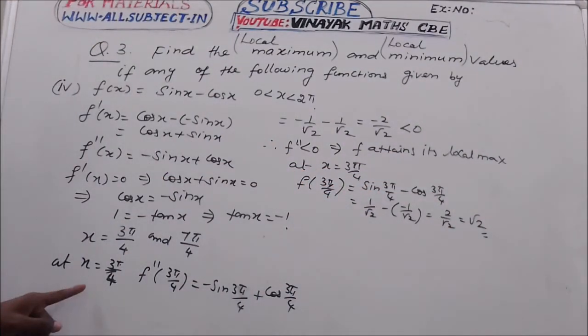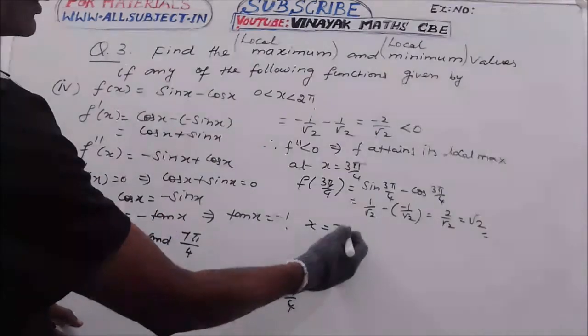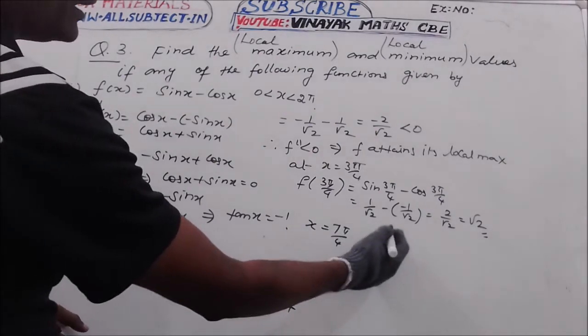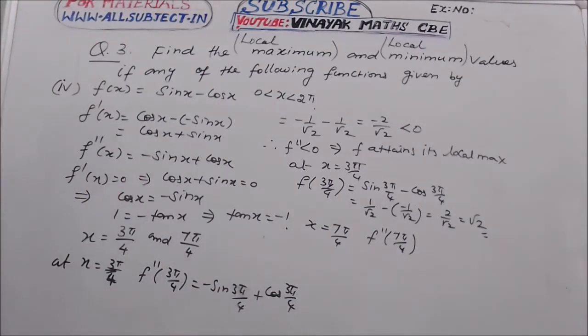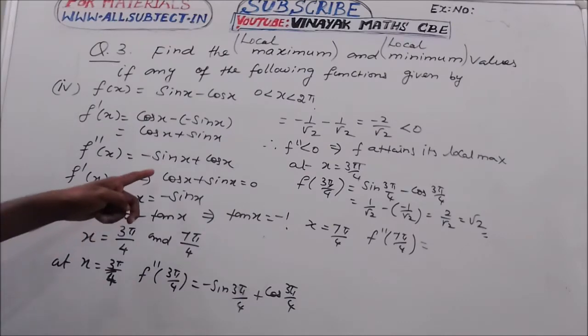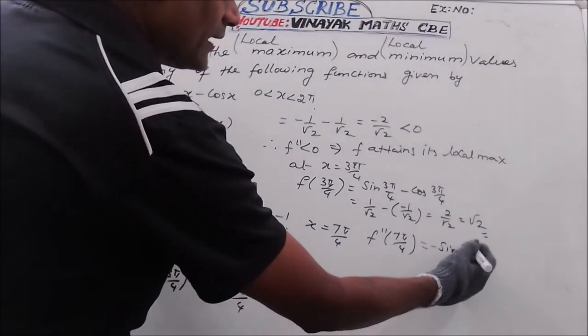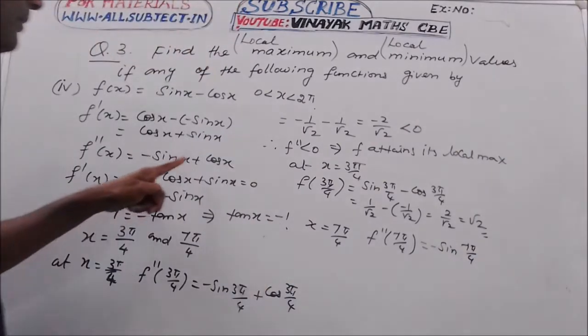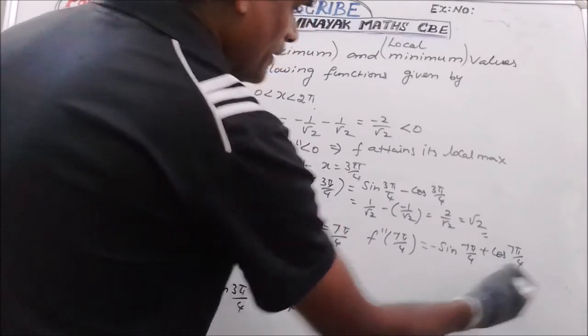And when x is equal to 7 pi by 4, f double dash of 7 pi by 4 equal to, substituting, we have minus sin 7 pi by 4 plus cos 7 pi by 4.